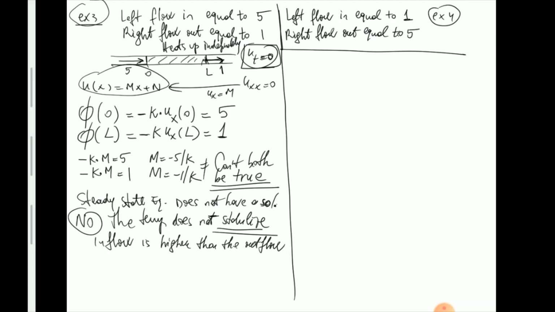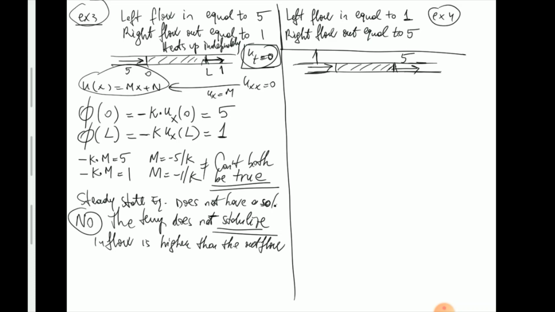Let's see what happens if we simply reverse the left inflow with the right outflow. So in this case, we have an object, and you should pause the video after I do this to see if you can figure out the reason why we don't have a solution for the steady state temperature. All I'm changing here is that the inflow is 1 and the outflow is 5. I simply reversed the values from before.